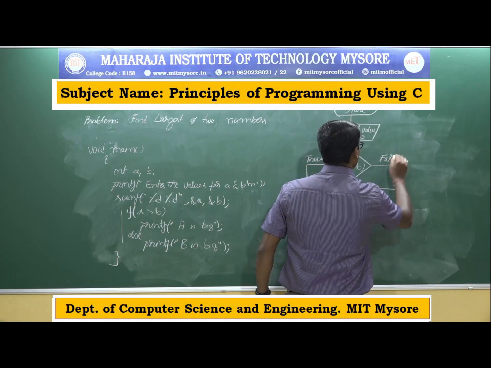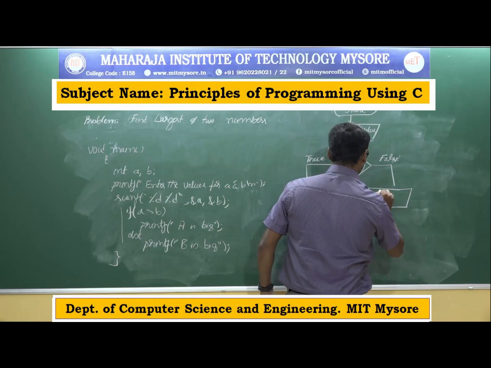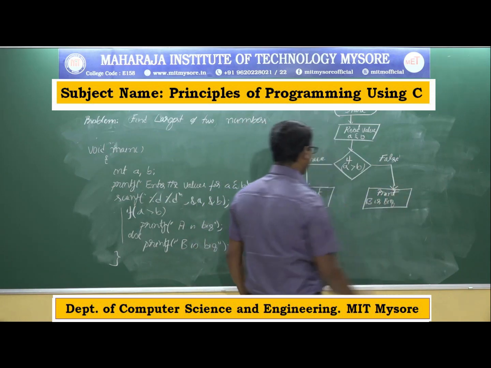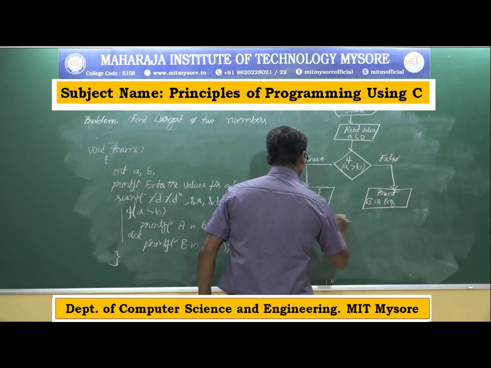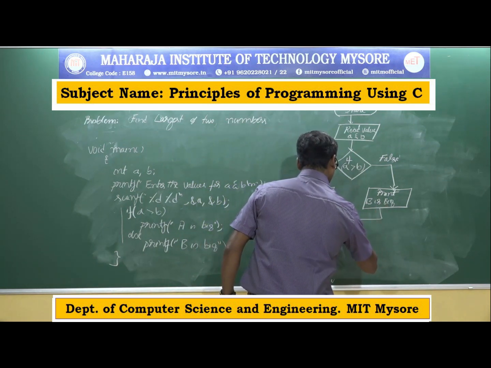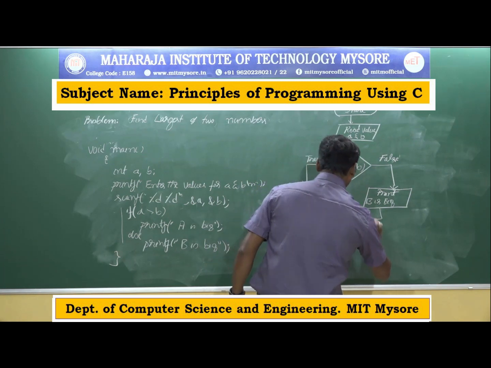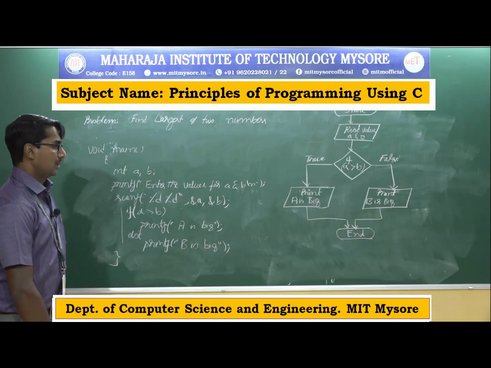If the condition is false, print B is big. There are two alternates, the true alternate and the else alternate. After executing the true or false statement, the control is transferred to the end. Okay, this is a flow chart for finding the largest of two numbers.